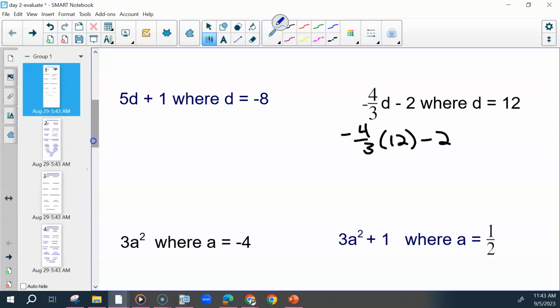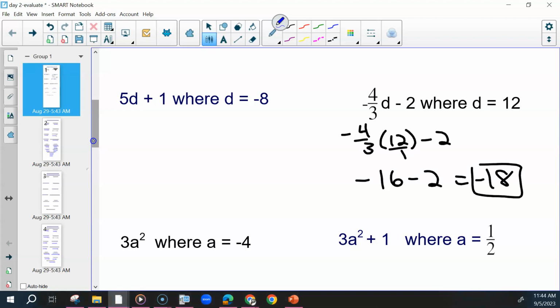So if you're doing it by hand, remember that you can put 12 below 1. You're multiplying, -16. And then you would subtract. So we're doing our order of operations when we evaluate. If you wanted to check yourself, you could put all of this into Desmos or the calculator.